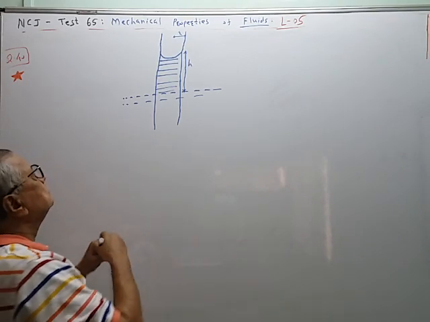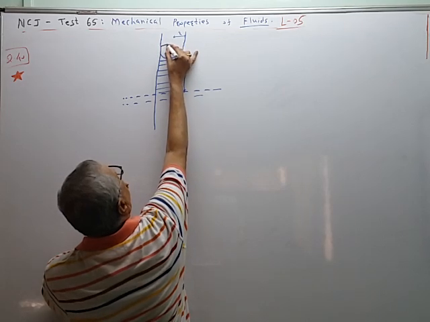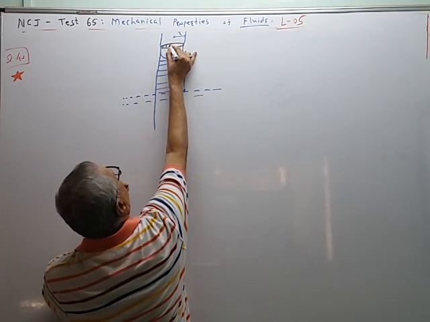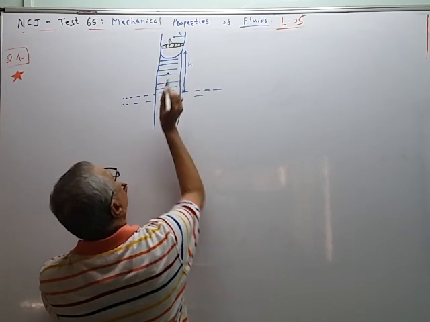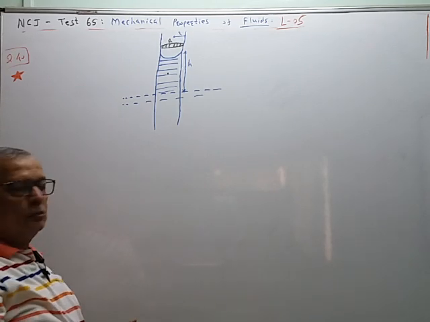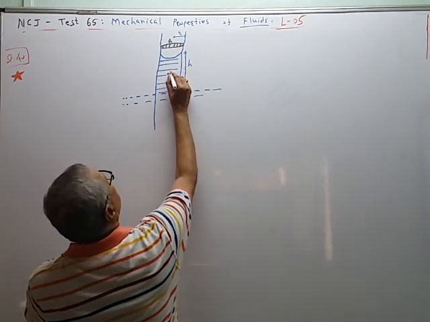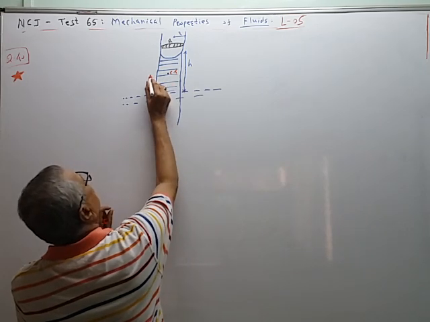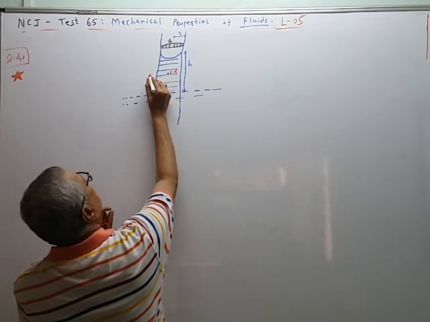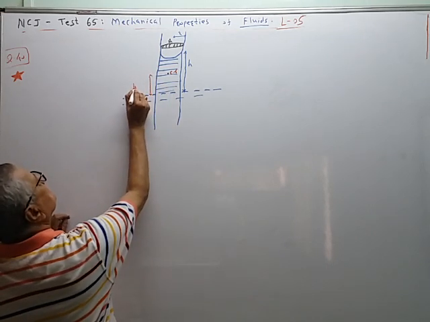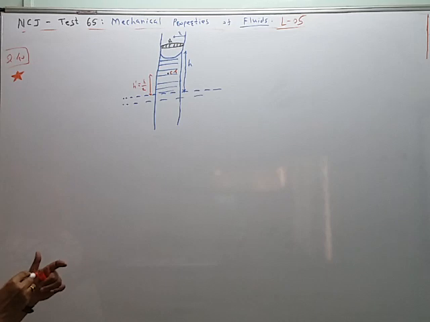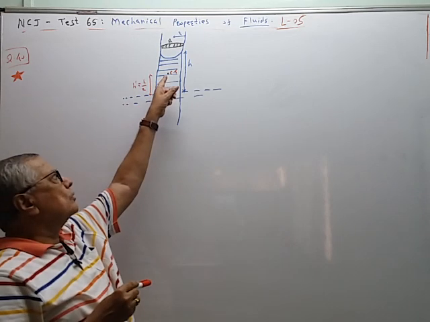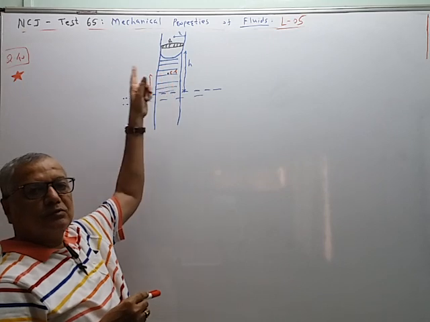This is the area of cross section, capital A. This is the position of center of gravity. This height is h dash, equal to h by 2, like this. The whole mass is concentrated on the water column at this point, called the center of gravity.